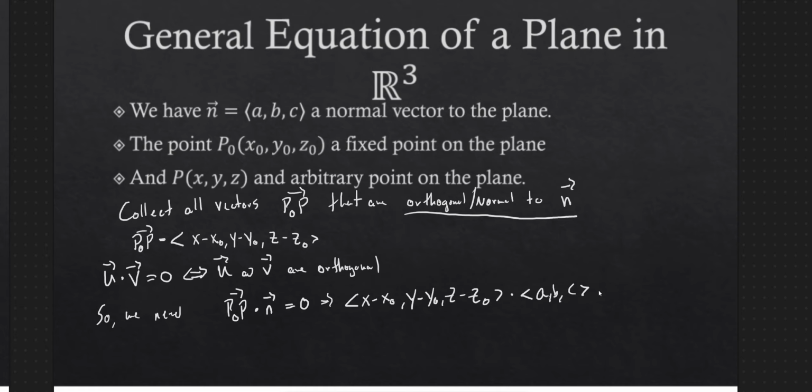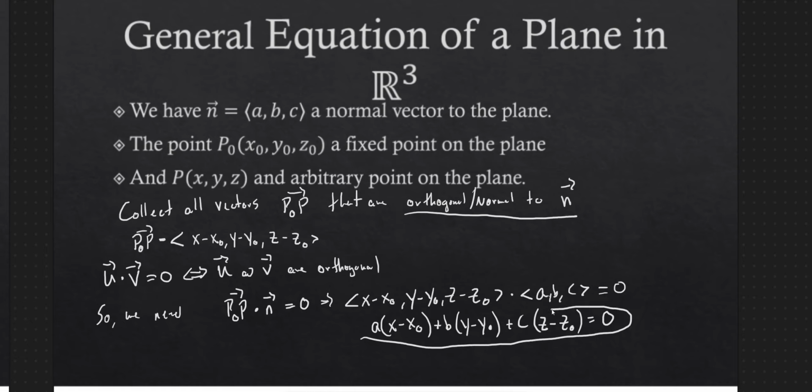And then we can compute this dot product. We need this to equal 0. So what I get is A times x minus x naught plus B times y minus y naught plus C times z minus z naught has to equal 0. So this is one acceptable form for the equation of the plane in terms of x, y, and z.